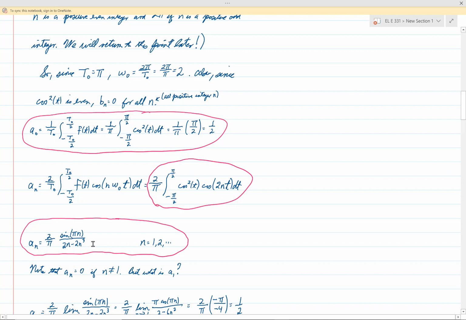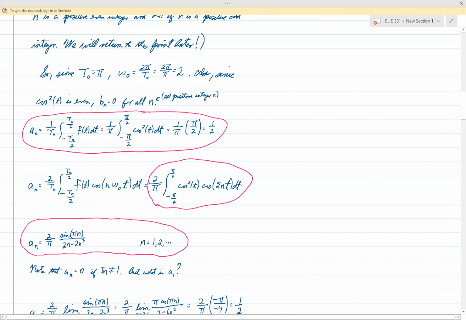For all other values of n, the numerator is 0 and the denominator is not 0, and therefore a n is equal to 0. But for n equals 1, we have to be more careful.